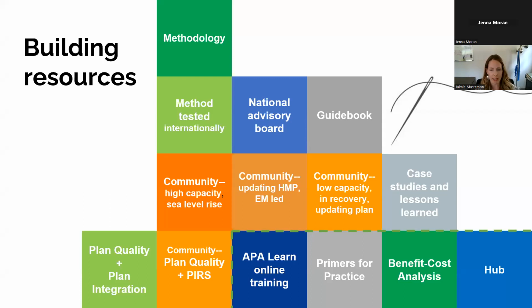And then we're very excited about these last resources, which are all about getting it out to practitioners, with the Plan Integration Hub that we have. Also, APA, the American Planning Association, has developed a training, I think it's a 4 or 5 module training, on specifics of the tool, as well as some other resources on our website.